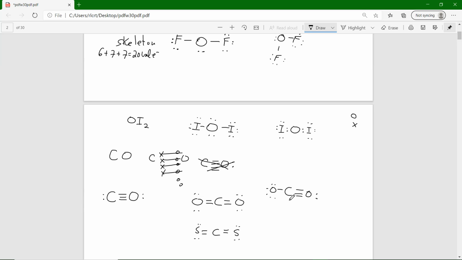There's no reason on Earth that one carbon oxygen bond should be more like a single bond and the other carbon oxygen bond be more like a triple bond in carbon dioxide. Like, what would be the reason for that? Does the Lewis rules work? Yeah, up to a point.